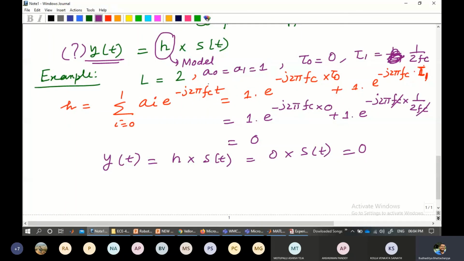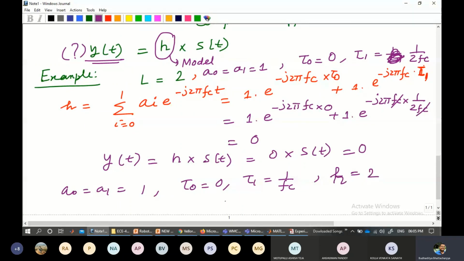In the same manner, you can take different values of tau 0, tau 1. For example, you take tau 1 as 1 by fc. Considering a0 equal to a1 equals 1, tau 0 equals 0, and tau 1 equal to 1 by fc instead of 1 by 2 fc, if you go on calculating in the same manner, your h will come as 2.